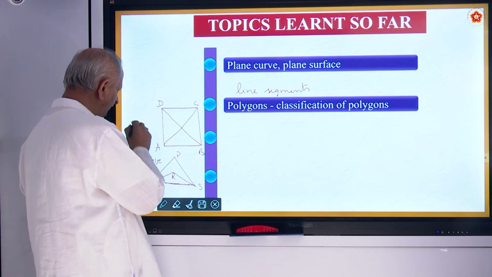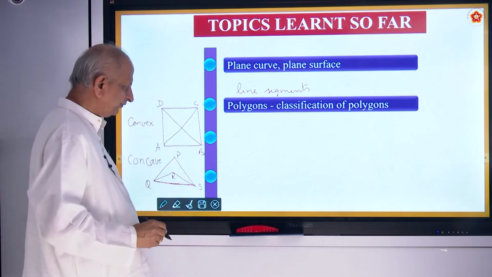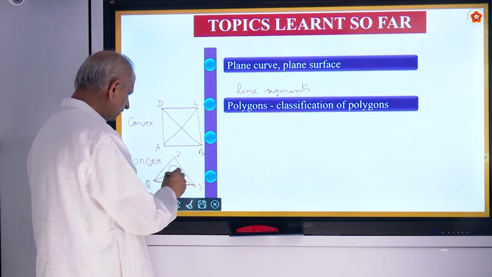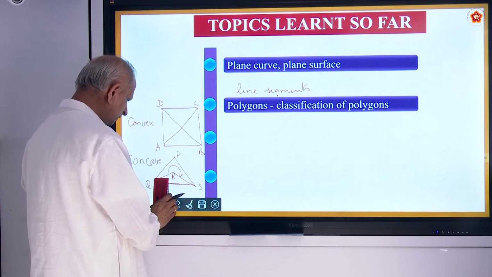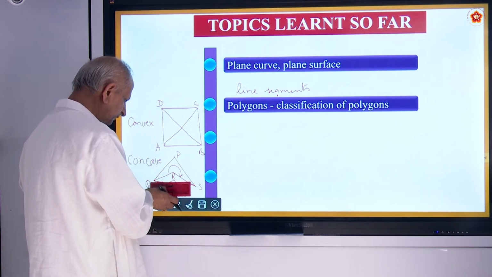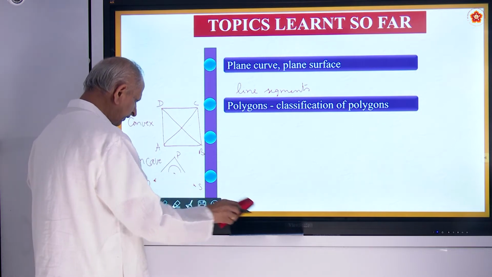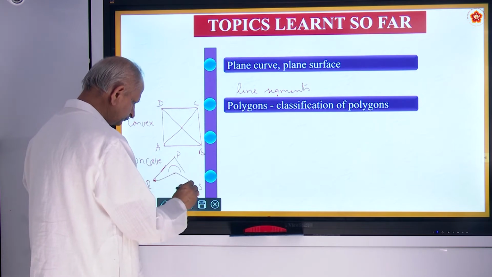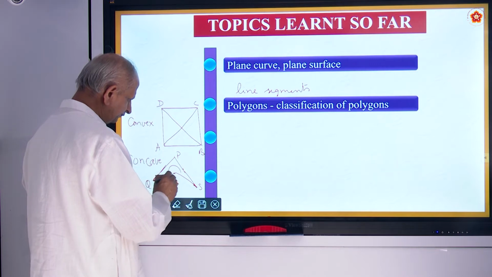And one more difference is, there is no reflex angle in case of convex polygon. Here there will be one or more than one reflex angle. What does reflex angle mean? Reflex angle means angle more than 180.